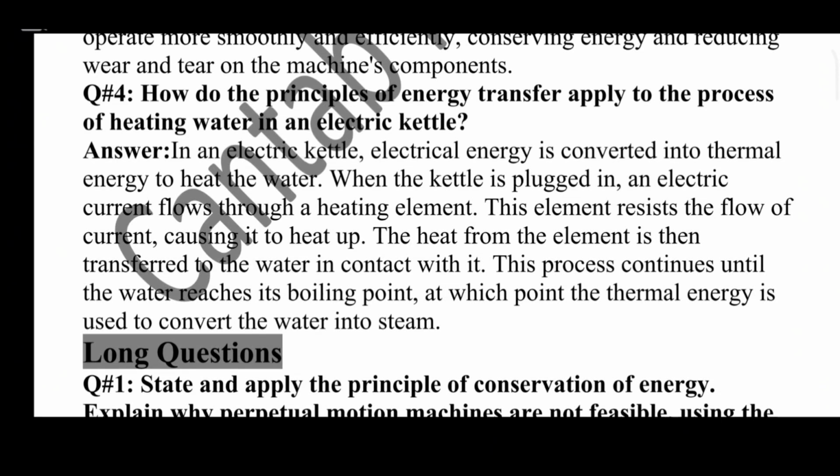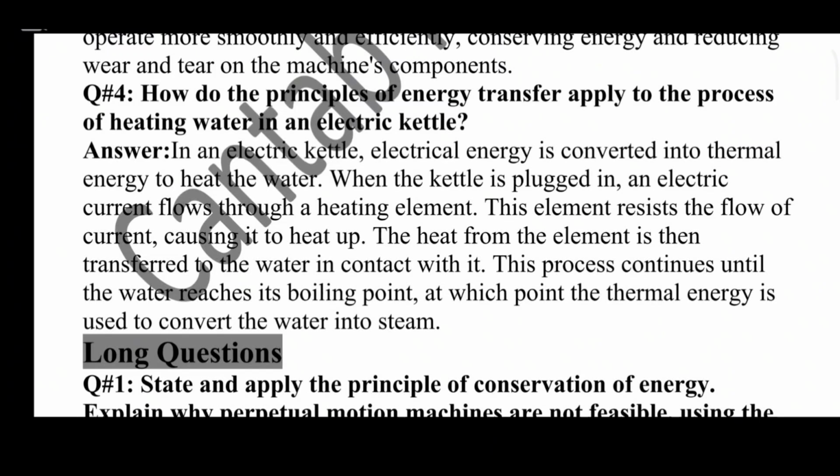Question number 4. How do the principles of energy transfer apply to the process of heating water in an electric kettle? Its answer is, in an electric kettle, electrical energy is converted into thermal energy to heat the water. When the kettle is plugged in, an electric current flows through a heating element.